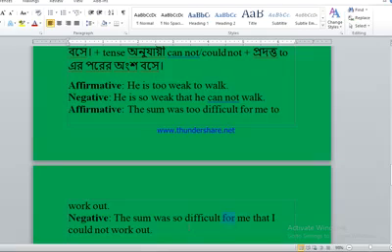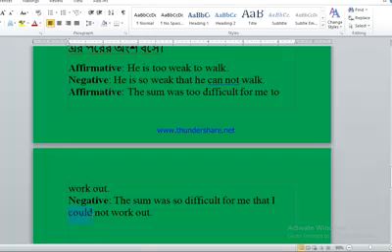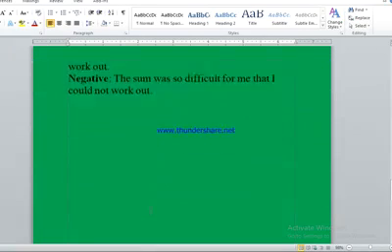That means so dot dot for means that I could not work. Could not has come in your negative sentence because you have got was as the main verb in the sentence. So the sentence is in the first format, that means the sentence is past indefinite tense. Okay.